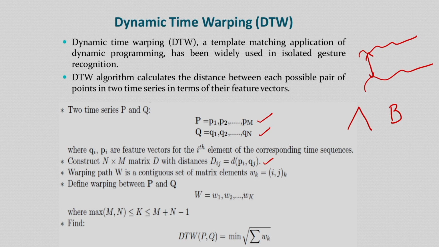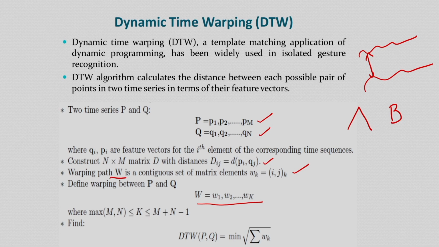For this I am considering the warping path W, and corresponding to this I have the W matrix, and here you can see the matrix element is Wk. So define warping between P and Q like this. W is nothing but W1, W2, up to Wk.